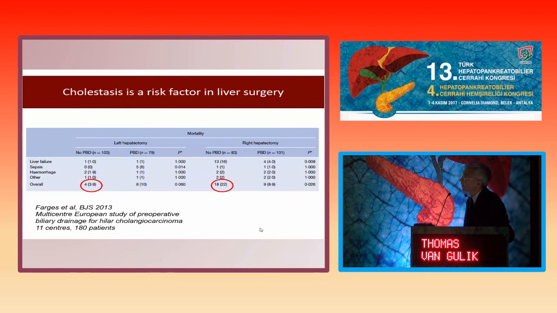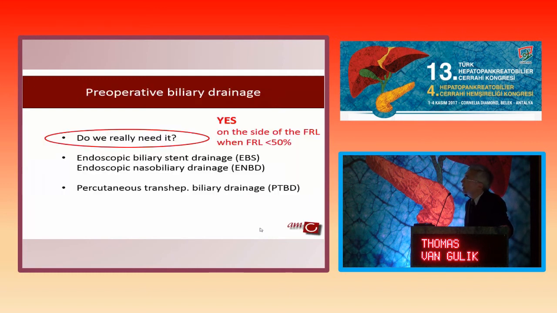This suggests that in patients with a large remnant liver, you don't need drainage. So, do we really need it? Yes, we need it on the side of the liver you want to preserve, so you don't want to do bilateral drainage, and you have to do it when your FRL is less than 50%.